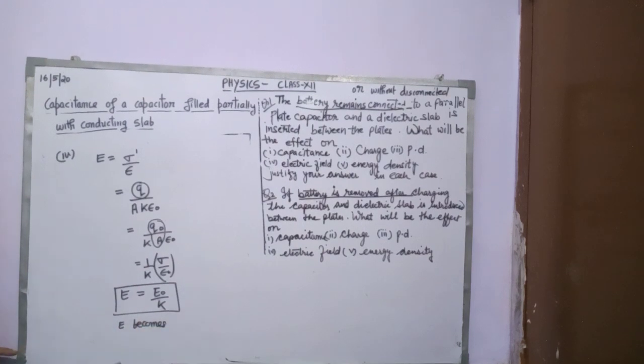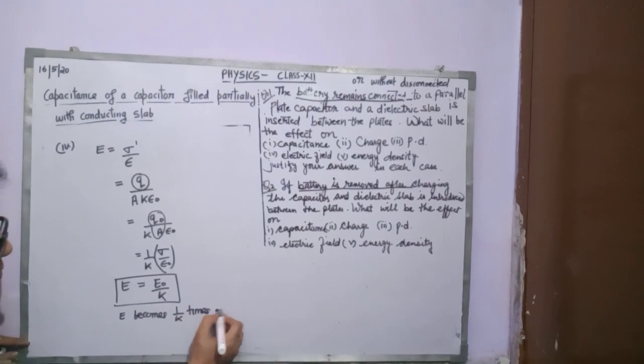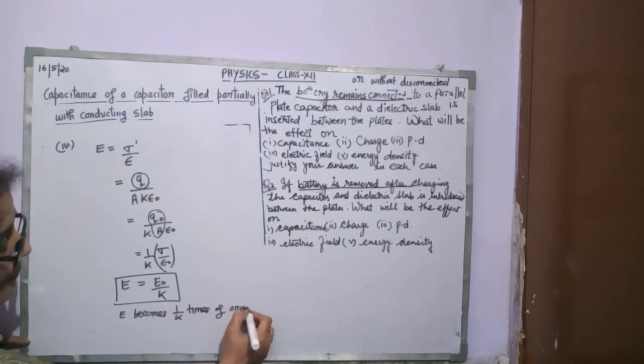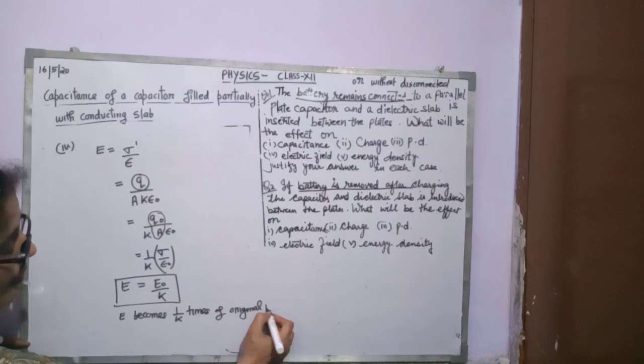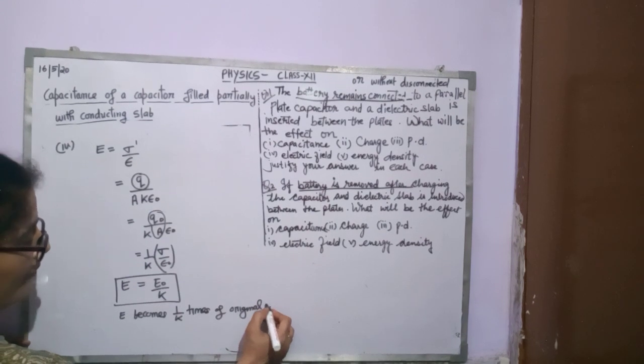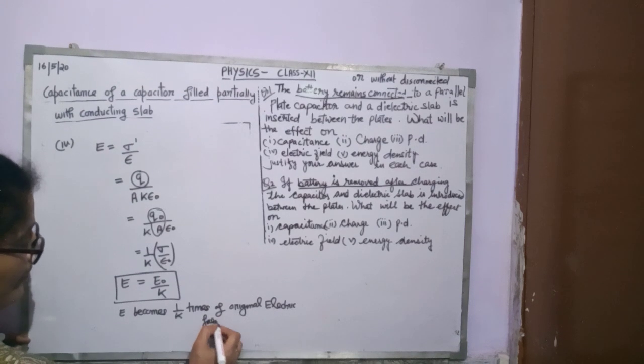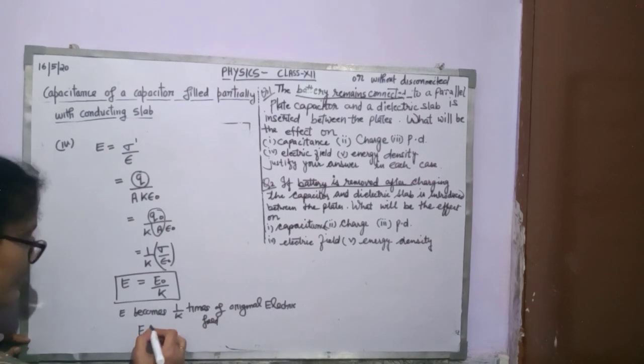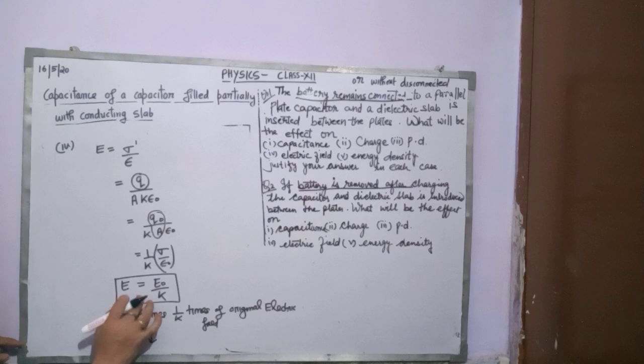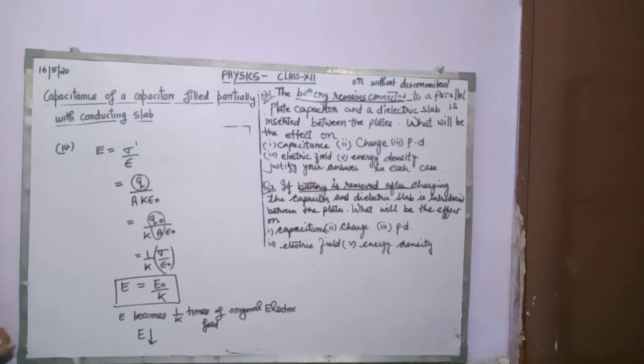When it decreases, you can say it becomes 1 upon K times of original electric field. If you write E decreases, it is also correct, but this is the reasoning why E decreases.